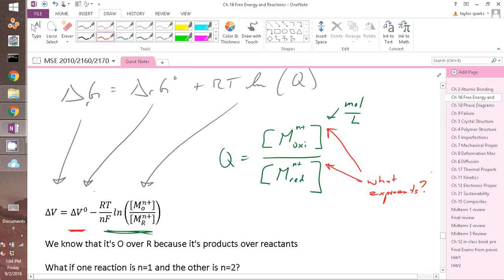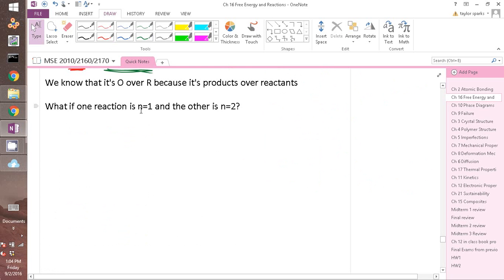So let's do an example. That's the easiest way, I think, to teach this. Let's do an example of a reaction where n equals 1 for one of the compounds, meaning one electron is being transferred, and for the other one, n equals 2. For silver, Ag+ picks up an electron to form Ag, silver, and the reduction potential associated with that is 0.8 volts.